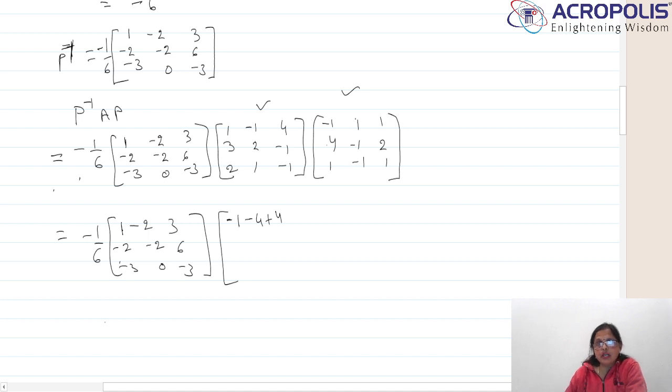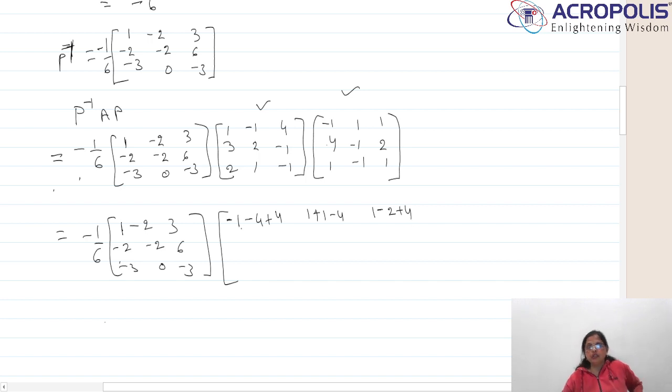and 4 multiply by 1 is equal to plus 4. Now similarly, if we take this one, 1 plus 1, then minus of 4, that is equal to minus of 2. Now if we solve this one, first row third column, now 1 minus 2, then plus 4.